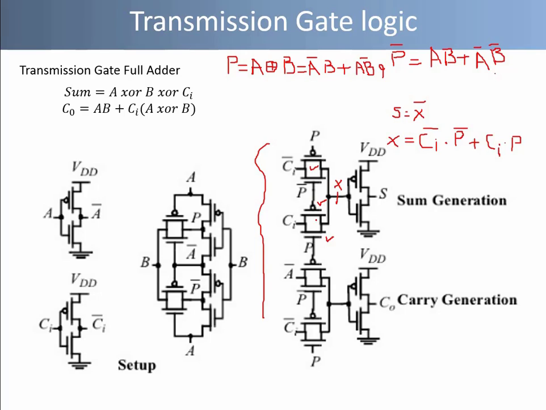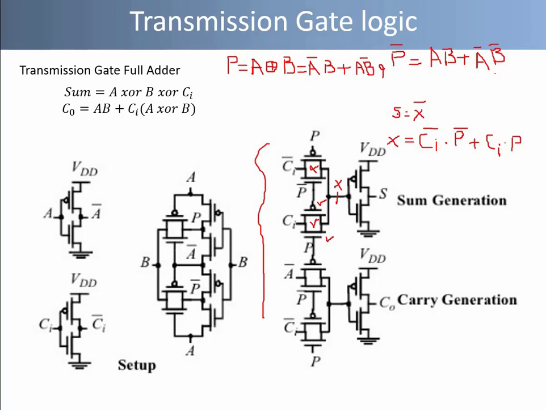So this transmission gate is turned on when P is equal to 1, and this transmission gate is turned off. Consequently, input carry Ci is propagated to X. So collectively we can write X equal to Ci complement and P complement, or Ci and P.